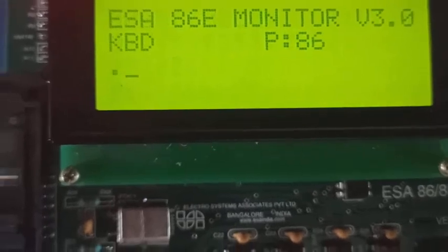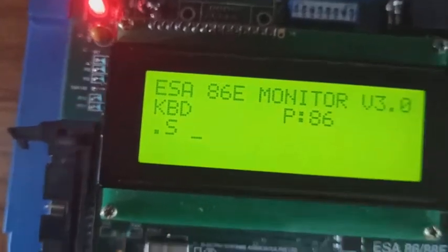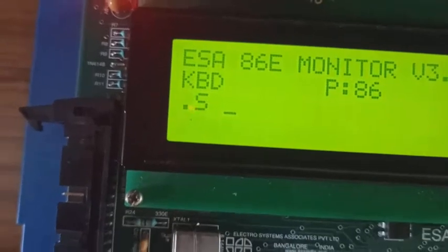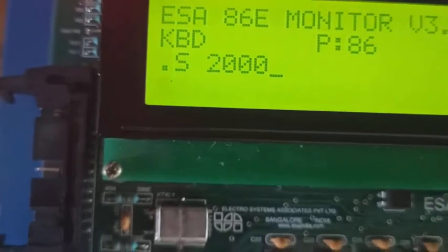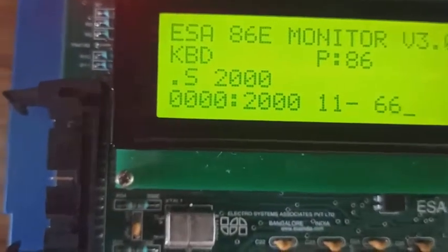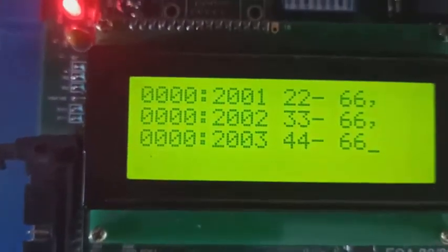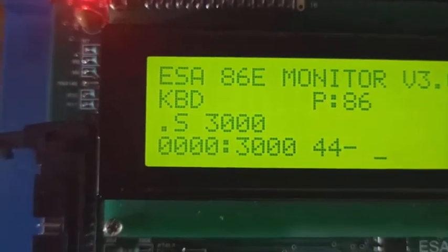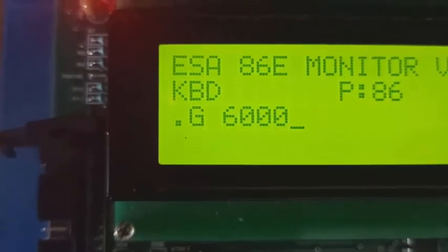Now for the inputs, S space 2000. I am changing this to 6666, and I am changing the other input to 44, 44, 44, 44. Now let's execute this program.